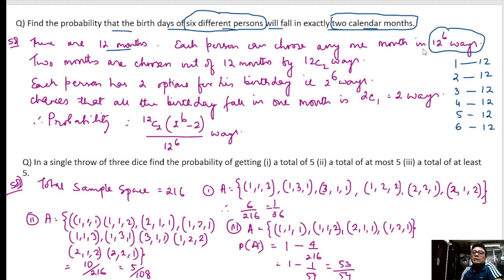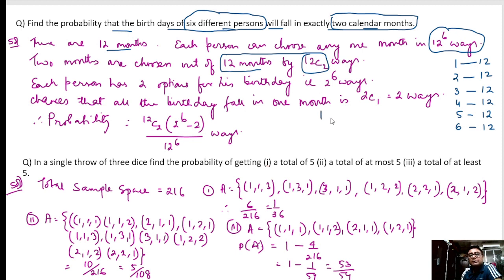Now out of these 12 months, we want any 2 months to be chosen. Out of 12, any 2 months can be chosen in this way. Now the 2 months are decided.